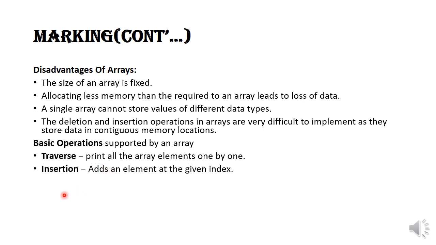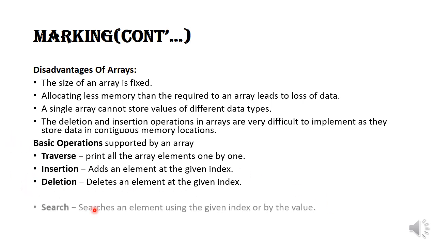We can also add new elements in a given array at a given index. After declaring an array, we can store its elements in different memory locations. We can delete an element at a given index.